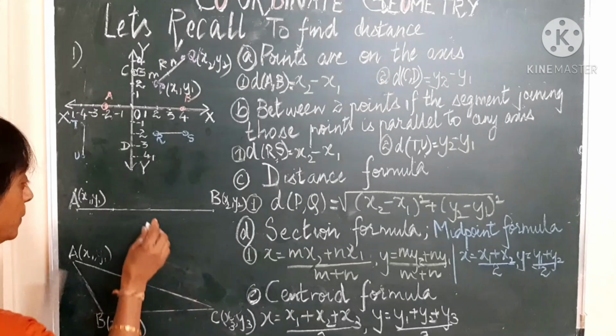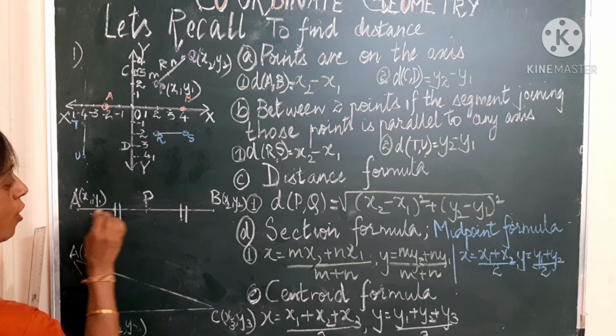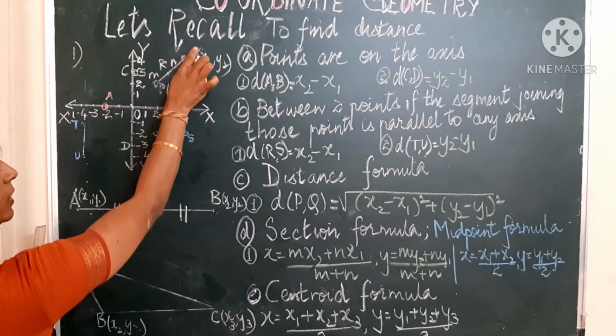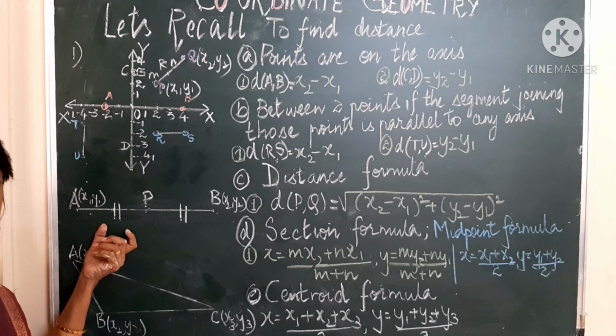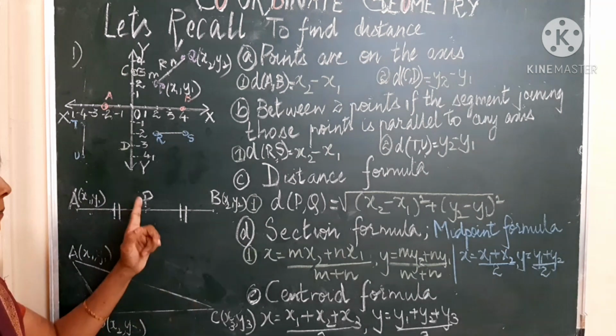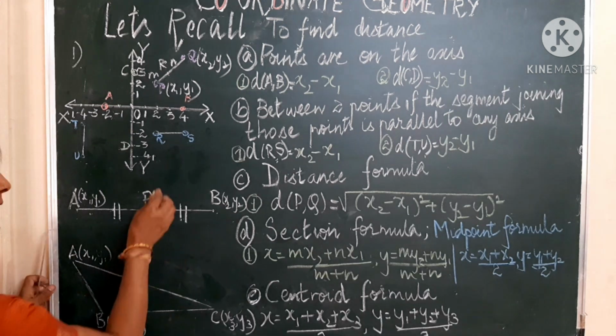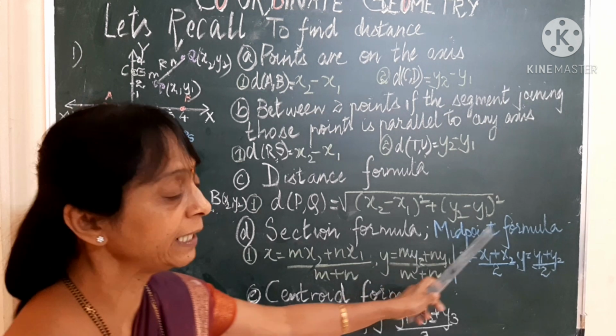That means, in other words, point P is a midpoint of AB. Point R over here becomes a midpoint of PQ. That means the ratio does not remain m:n, but both the ratios are equal. Why? Because P is the midpoint. Then in that case, children, we derived the formula called as midpoint formula.